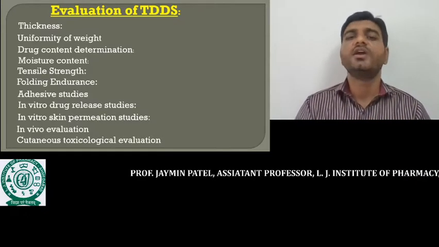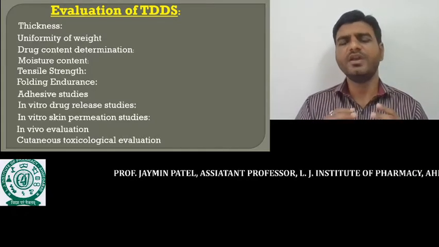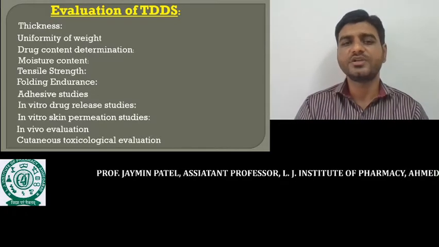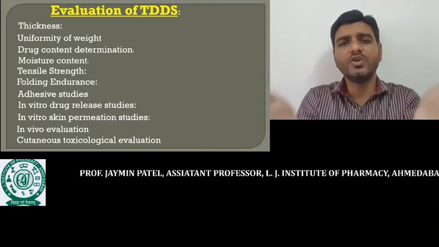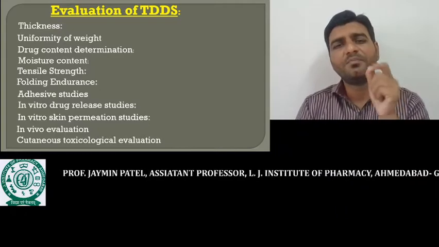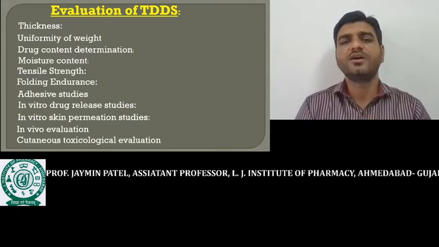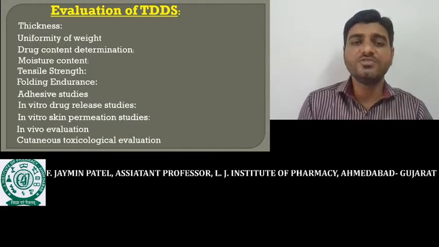Moisture content can be measured with the help of desiccators. Tensile strength is measured with the help of tensiometers. Folding endurance: we fold the transdermal patch repeatedly, and the number of folds at which we observe breakage of the patch is called the folding endurance.